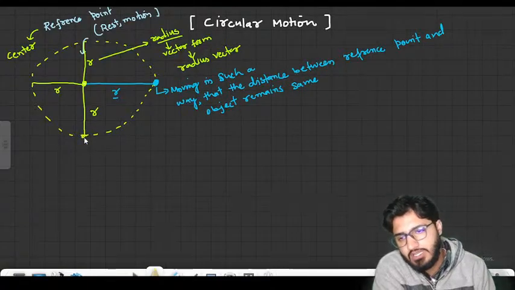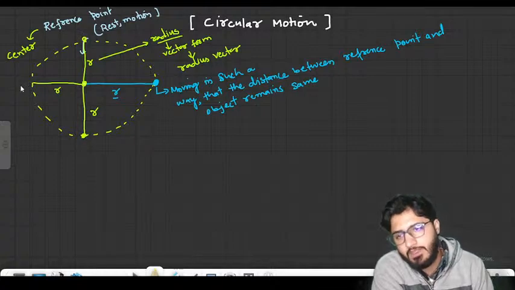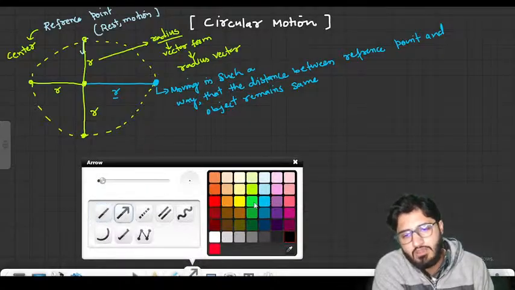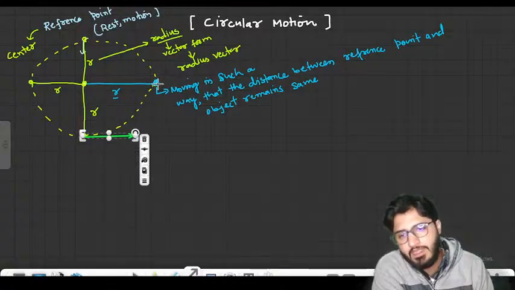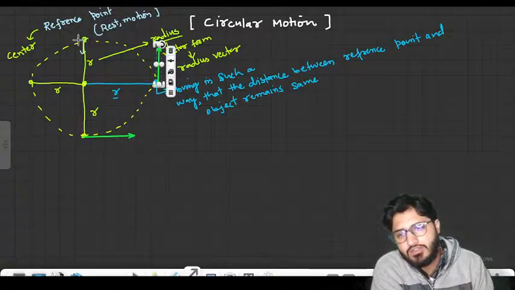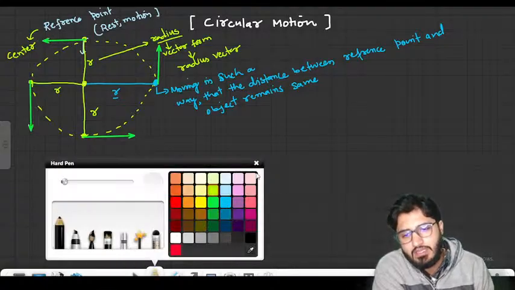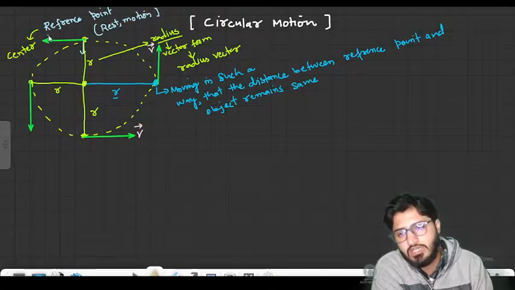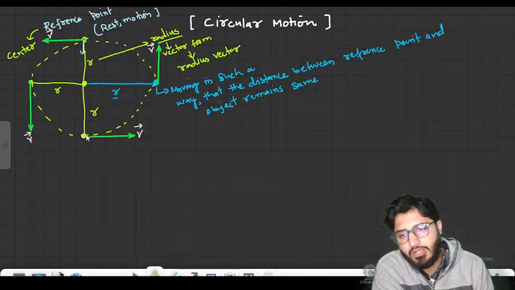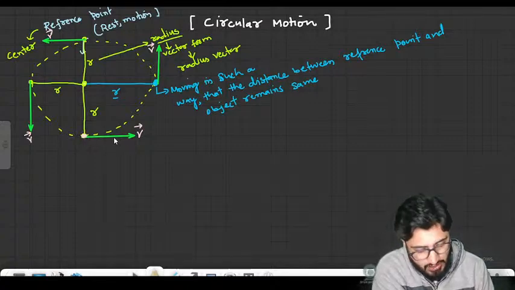Here I will have my object. If my body is going in an anti-clockwise manner, the velocity of my object at that particular instant is in a tangential direction.